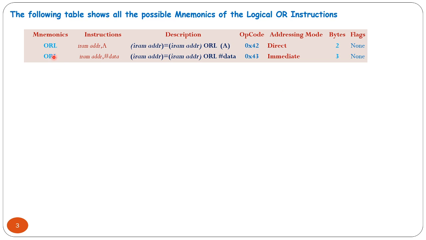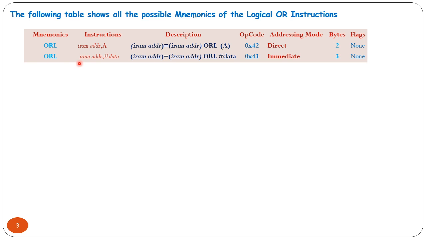First, ORL internal RAM address, A: the content of the accumulator and the content of internal RAM whose address is given by the internal RAM address byte are logically ORed, and the result is stored in that internal RAM address. This instruction has operation code 42H, direct addressing mode, it is a 2 byte instruction, and flags are not changed.